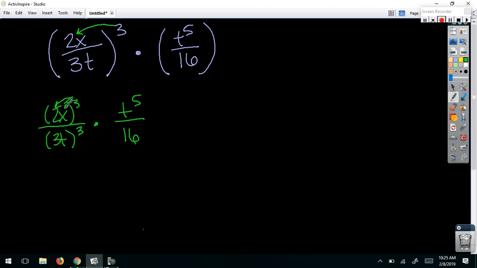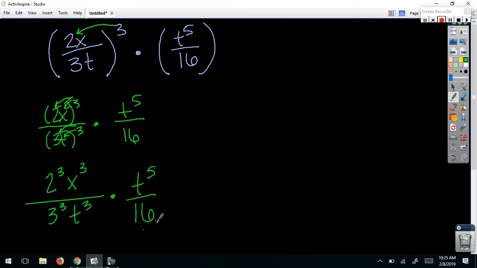Now, whenever I take it inside these parentheses, I get 2 to the third, x to the third, 3 to the third, t to the third. That's called power of a product, times t to the 5th over 16. Now, I have a fraction times a fraction. Are we all in agreement?